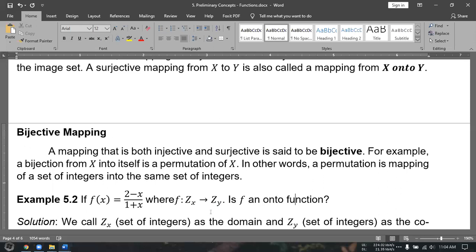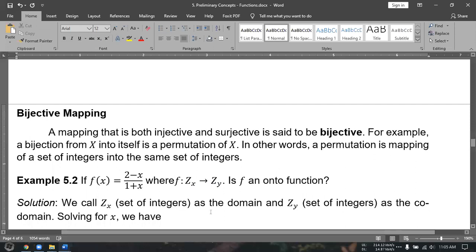That is what we need. We have the symbol Z, which is the set of integers: Z sub x, the set of integers, as the domain, and Z sub y, again the set of integers, as the codomain.